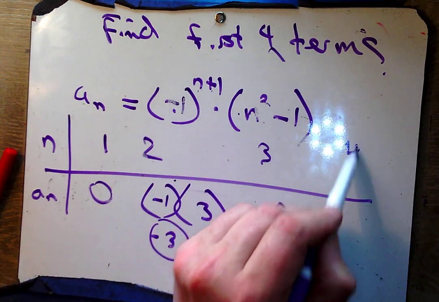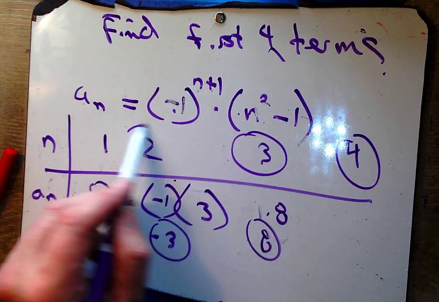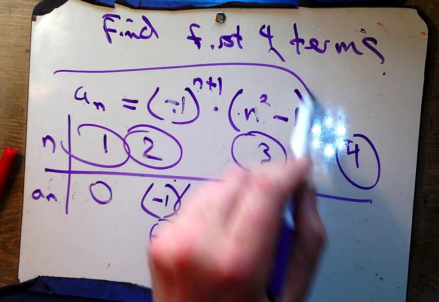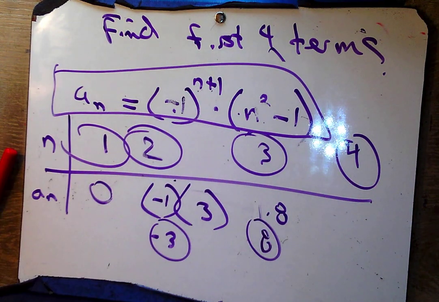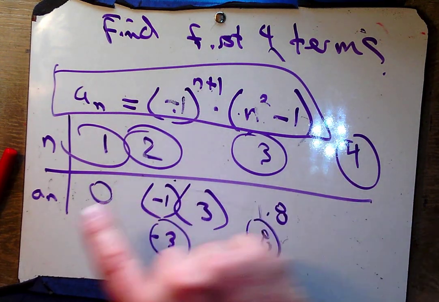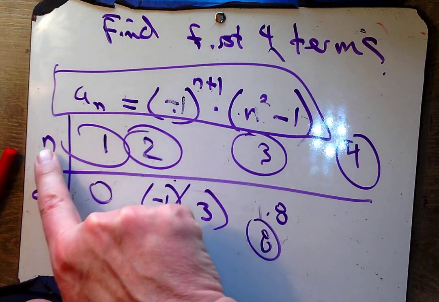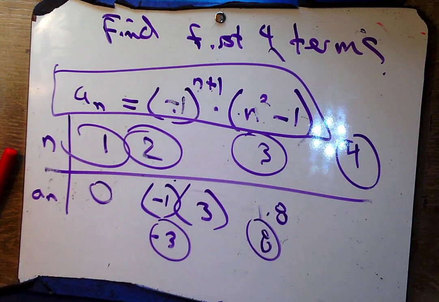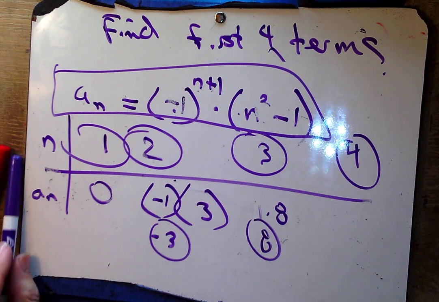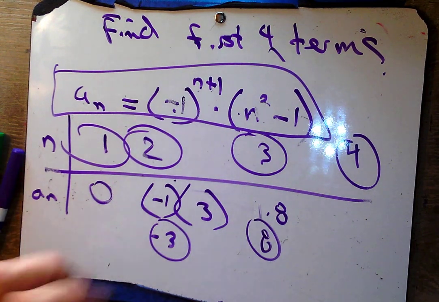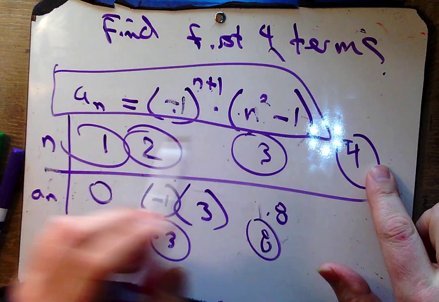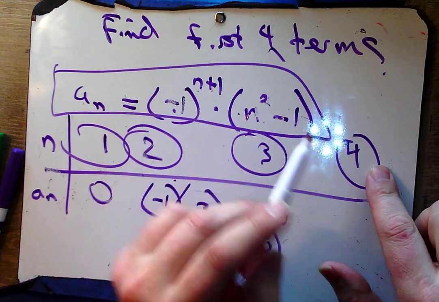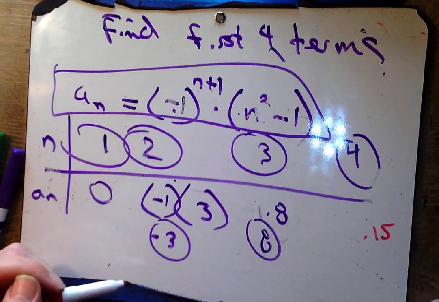Okay, and will you try the fourth one? Remember, this is the rule we're working with, and I want to know the value when the term number is 4. So, can you help me find that? So, if I plug in a 4, 4 squared is 16, 16 minus 1 is 15.